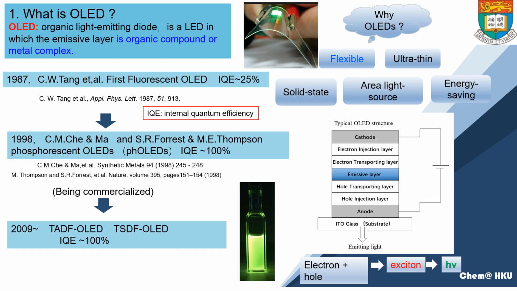To make the device performance better, we always add the hole injection layer, hole transporting layer, electron transporting layer, and electron injection layer between them. And when a DC voltage is applied, the electrons and holes will be generated at the cathode and the anode respectively, and then they will go into the emissive layer to form excitons and emit light via radiative decay.